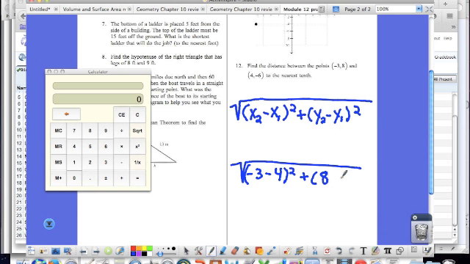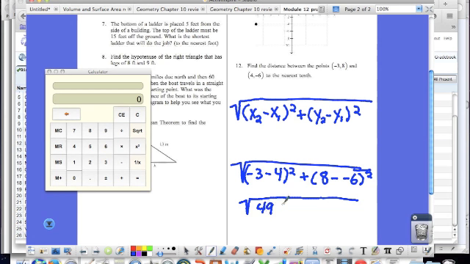Then I have 8 minus negative 6. I know that's the same as adding, right? Negative 3 minus 4 is what? Negative 7. Negative 7 squared is 49.